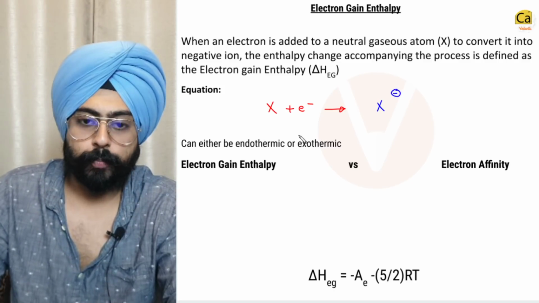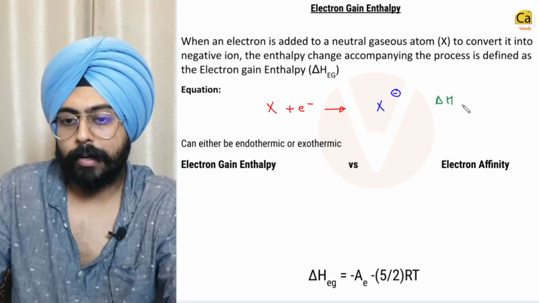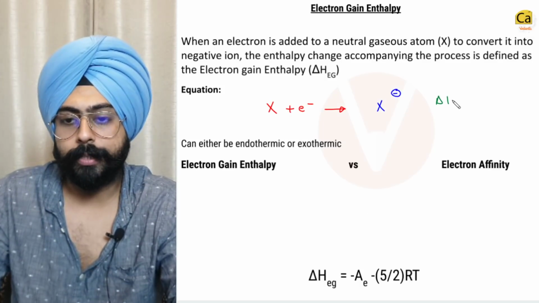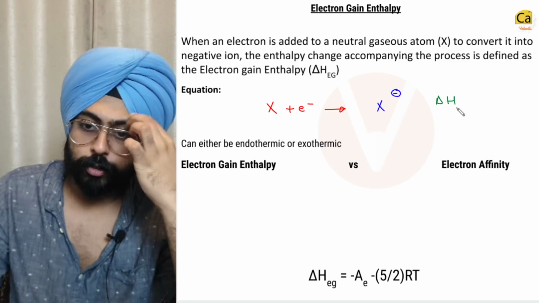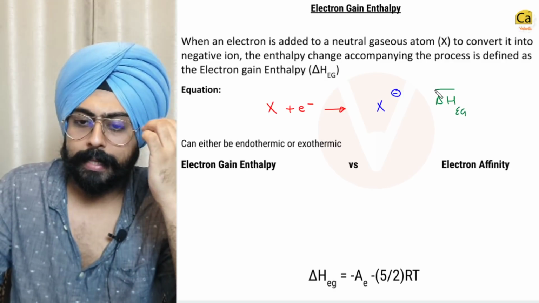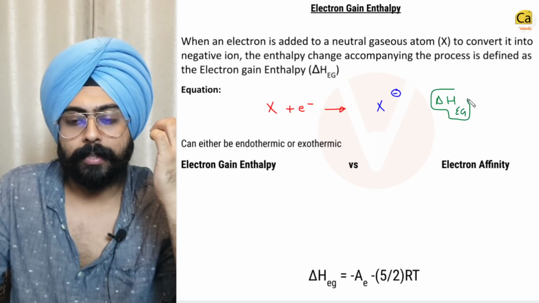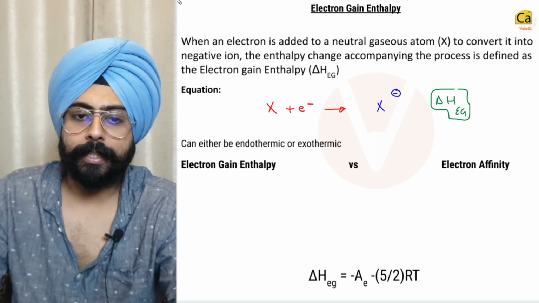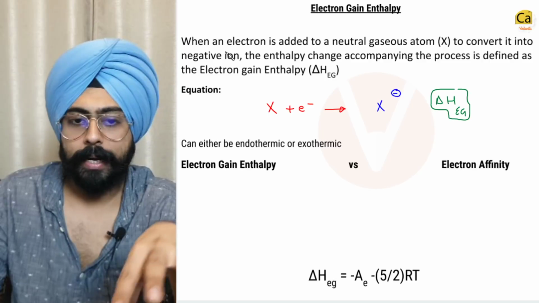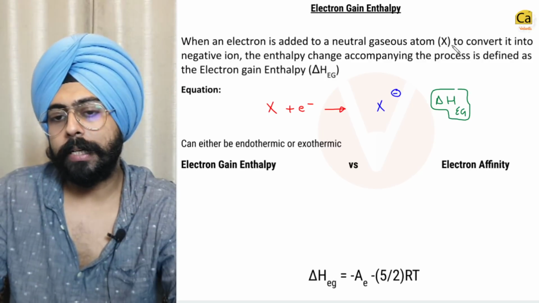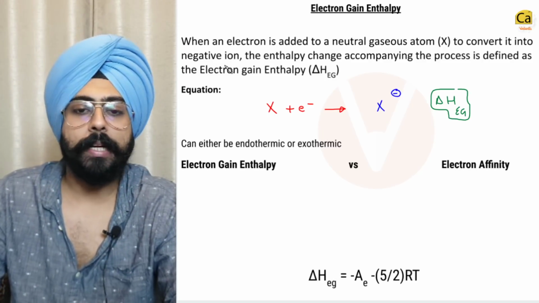This particular process has a certain amount of delta H associated with it. This delta H, this enthalpy change, is known as the electron gain enthalpy. Mathematically or physically speaking, it is the energy released or withdrawn when an electron is added to a neutral gaseous atom to convert it into the negative ion.